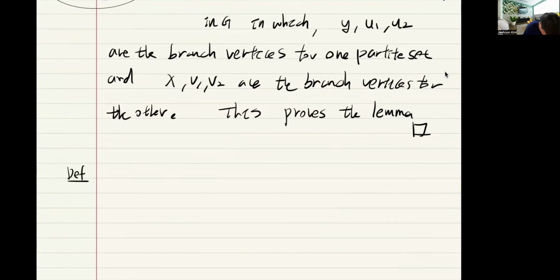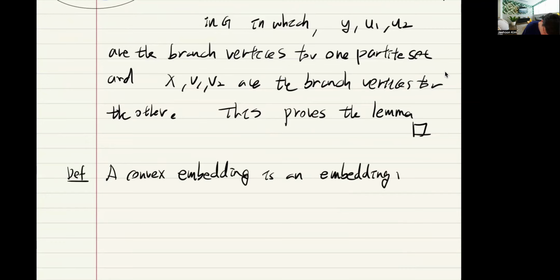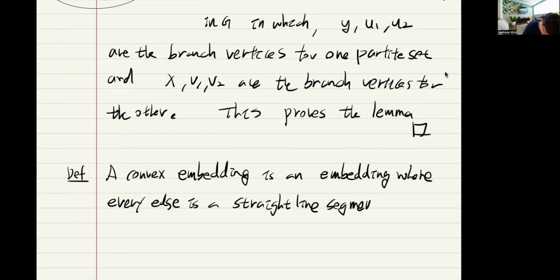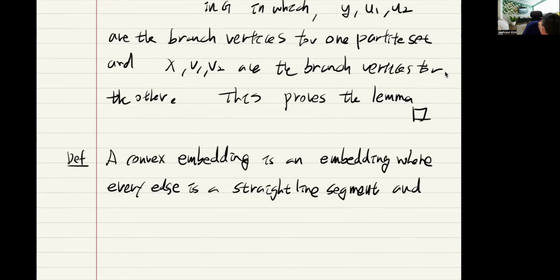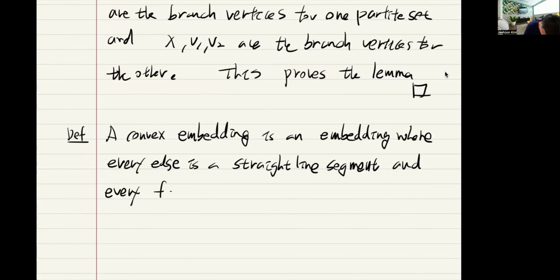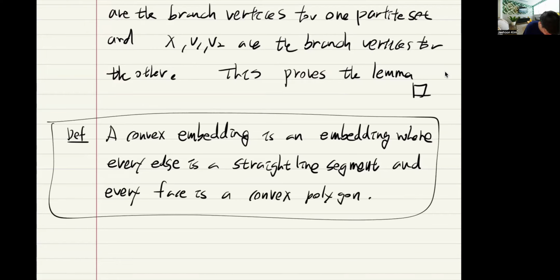Let's say a convex embedding is an embedding where every edge is a straight line segment, and every face is a convex polygon. And that's what we call the convex embedding.